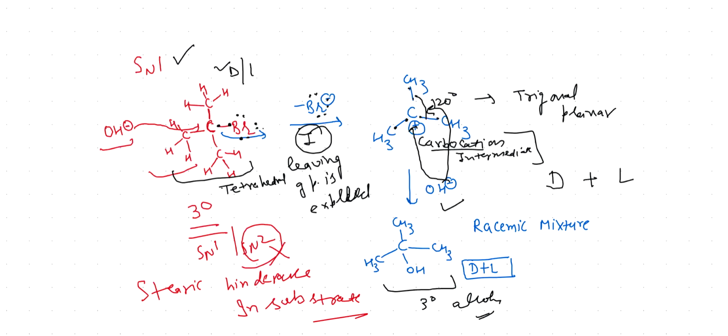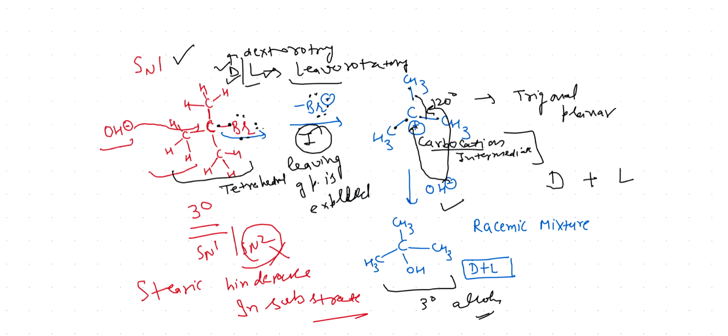D means dextrorotatory and L means levorotatory. L means which can rotate the light in the left direction, and D means which will rotate the light in the right direction, which are optically active in nature.